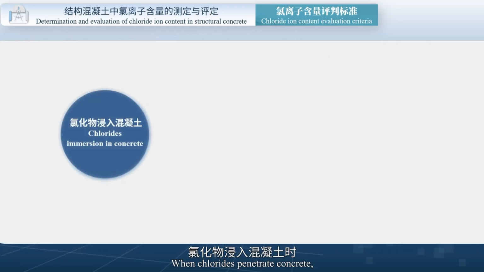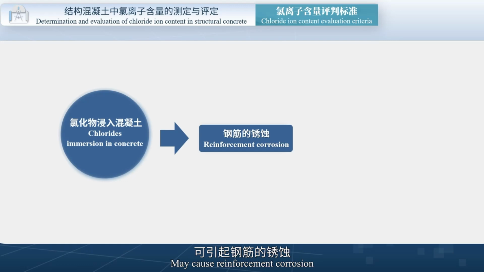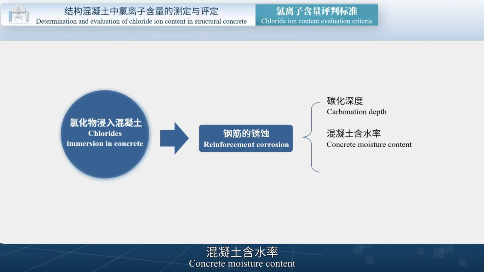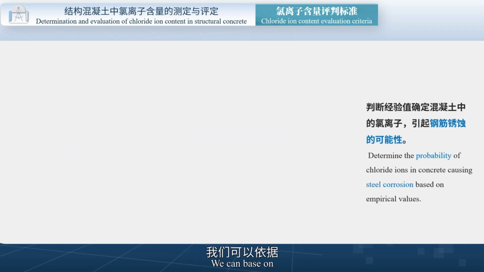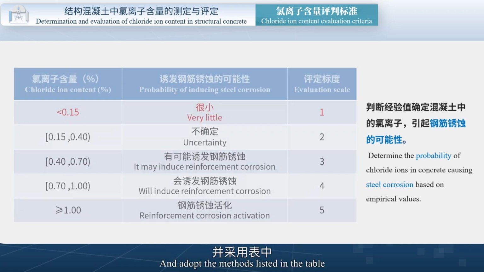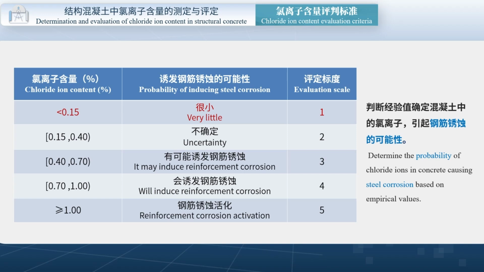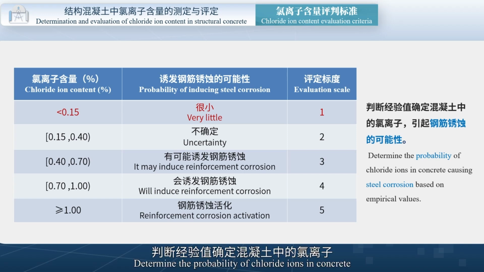When chlorides penetrate concrete, they may cause reinforcement corrosion. The corrosion risk is affected by multiple factors, such as carbonation depth, concrete moisture content, concrete quality, etc. To evaluate chloride ion content, we can base it on the chloride ion content measured in tests and adopt the methods listed in the table. Determine the probability of chloride ions in concrete causing steel corrosion based on empirical values.